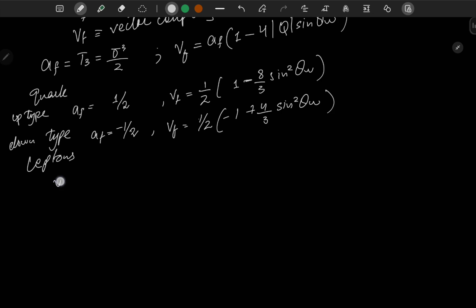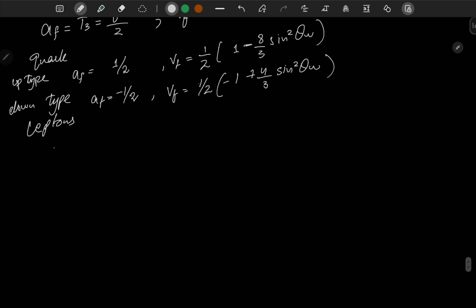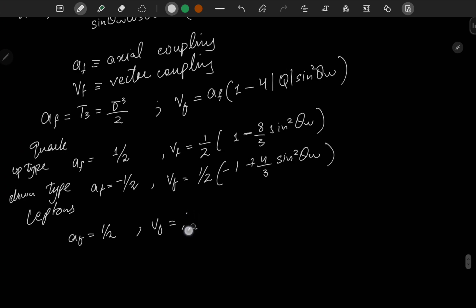for up-type leptons, AF will be 1 over 2 and VF will be 1 over 2. And why is it 1 over 2? Because for up-type leptons, the charge is 0, because neutrinos do not have any charge.